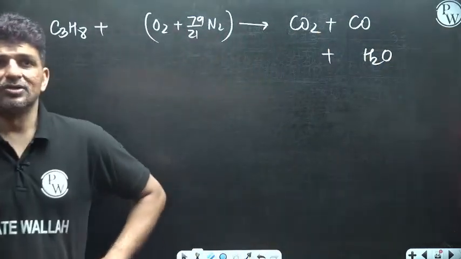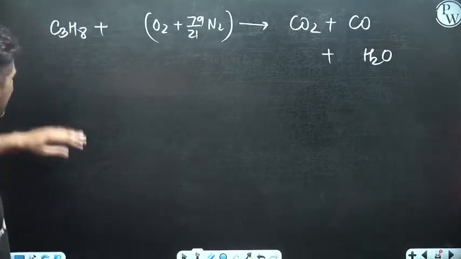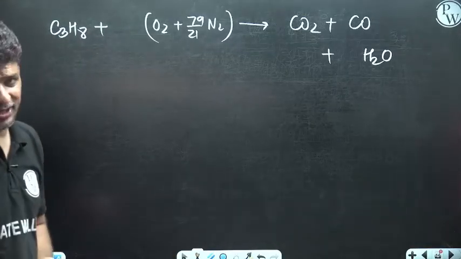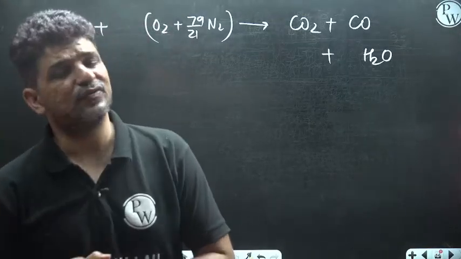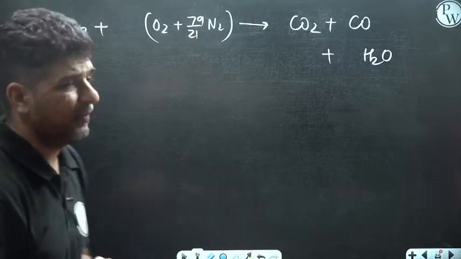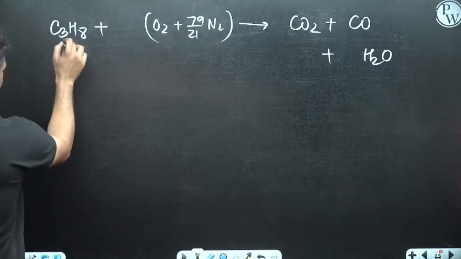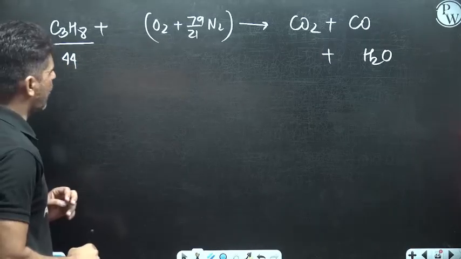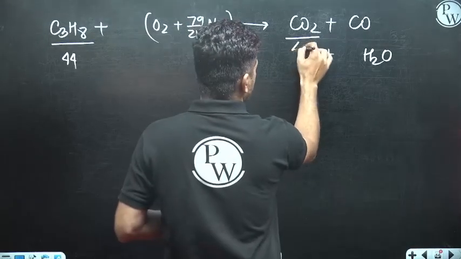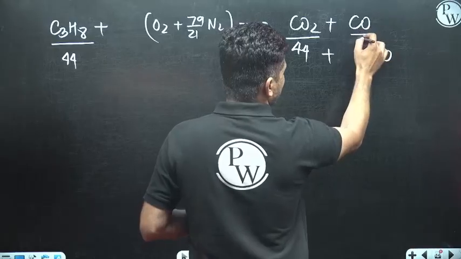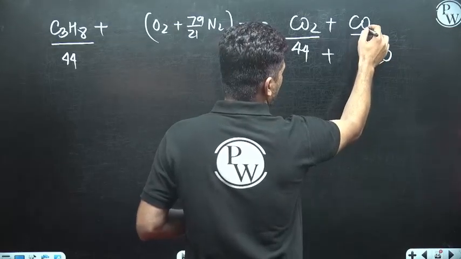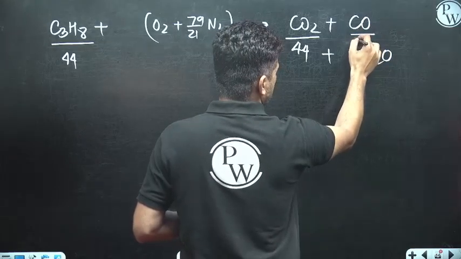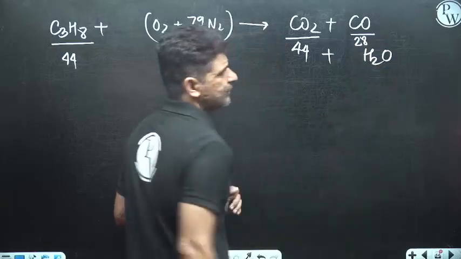Okay, so now he is saying you are burning 44 kg of C3H8. So what is 44 kg of C3H8? You have a molecular mass of 44 for C3H8. CO2 also has a molecular mass of 44. CO has a molecular mass of 16 plus 12, that is 28.